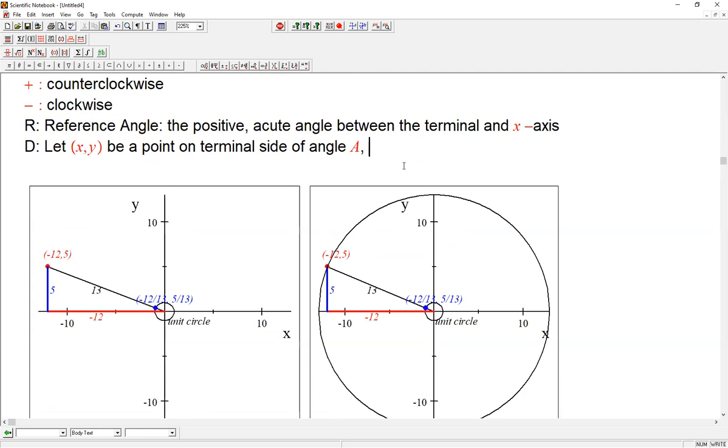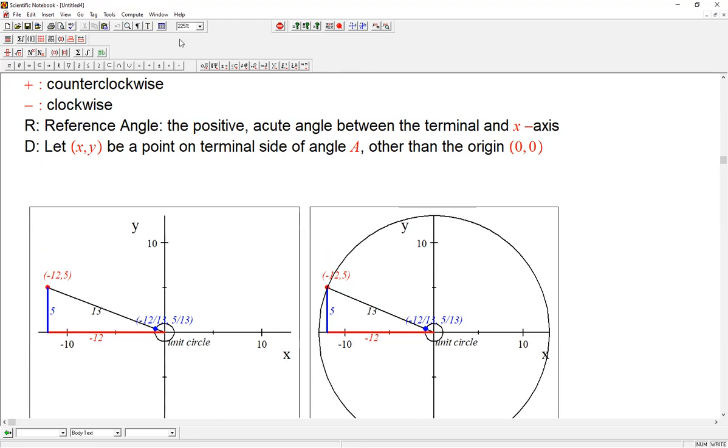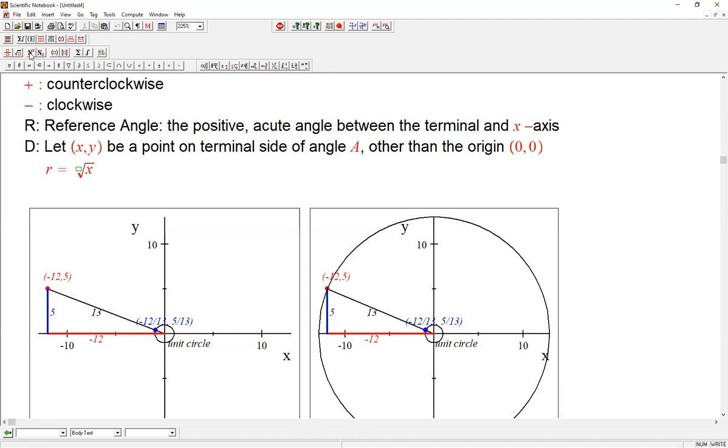This point cannot be the origin. The origin is 0, 0, which means X and Y cannot be 0 at the same time. And then we introduce R. R is the square root of X squared plus Y squared.